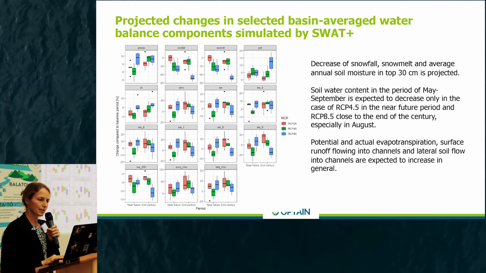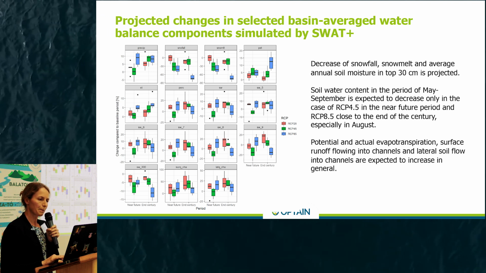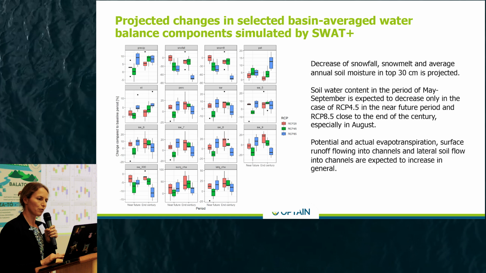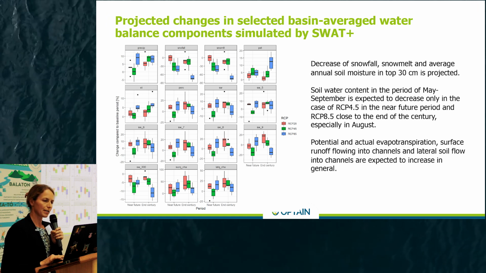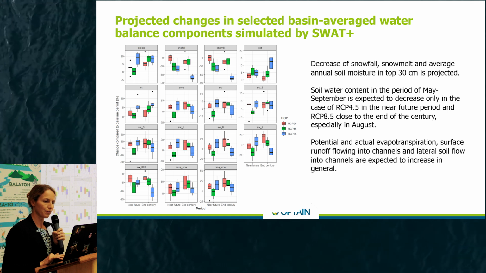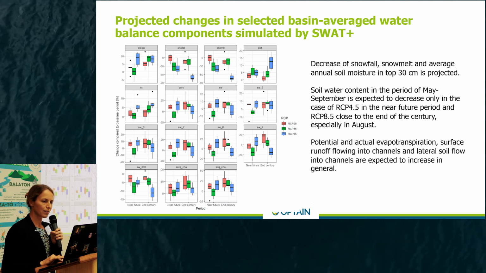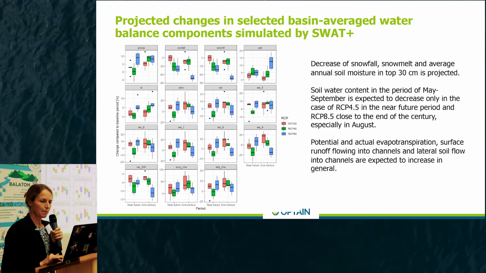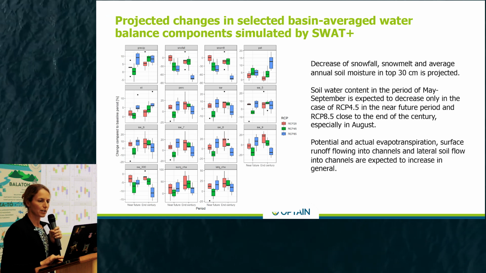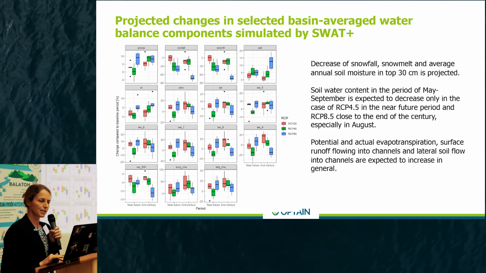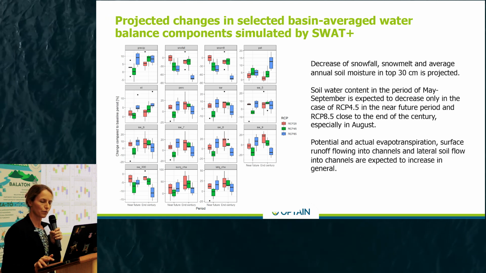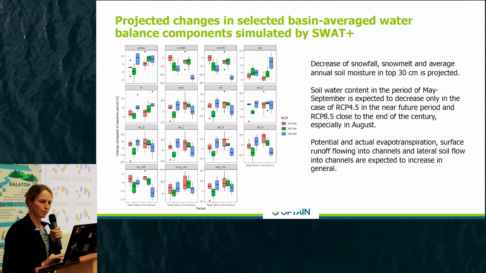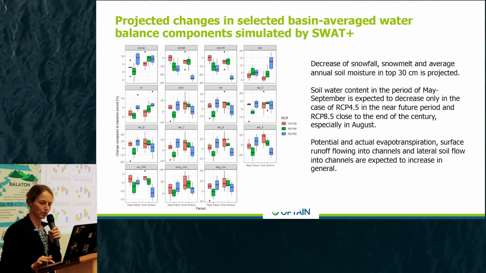Usually it is expected to decrease in RCP 4.5 and especially in RCP 8.5 close to the end of the century. Then the potential and actual evapotranspiration, surface runoff flowing into channels, and lateral soil flow into channels are expected to increase in general.